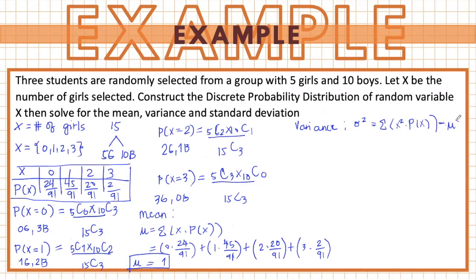Okay, so we get the sum of x squared times probability of x, and then we subtract from the sum the mean squared, or 1 squared.